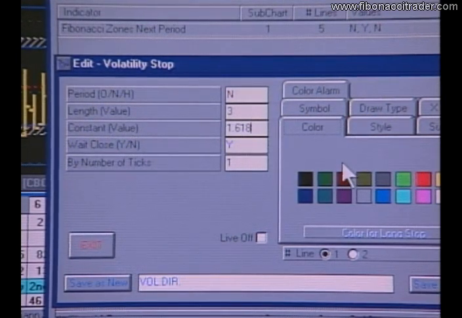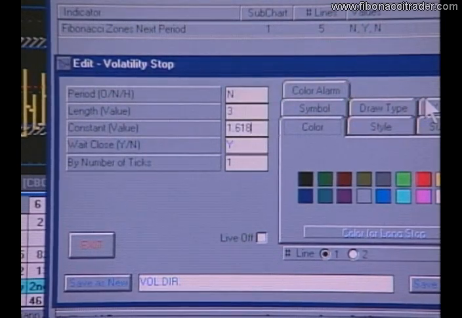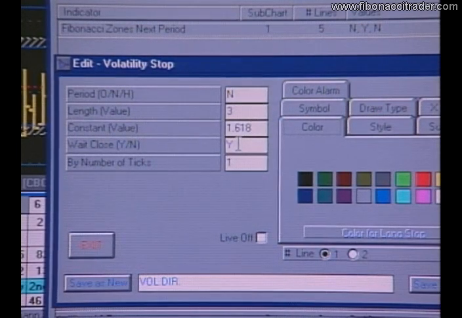And this is adjustable. Wait for close, yes or no. My suggestion is for all your experiments, at the moment, put on yes. Because if you put no, it will act just with a close below the 45 minutes. It makes it much faster. Is that clear?